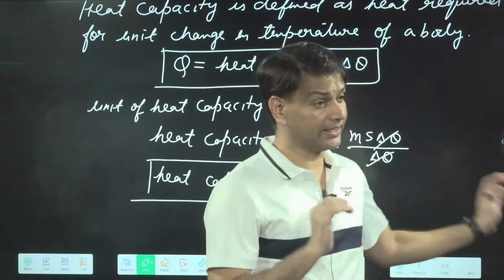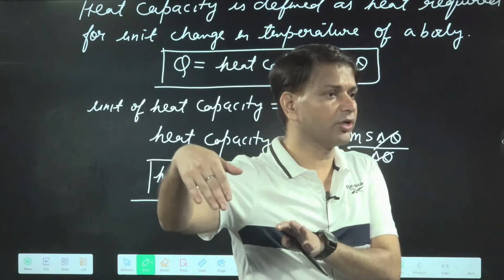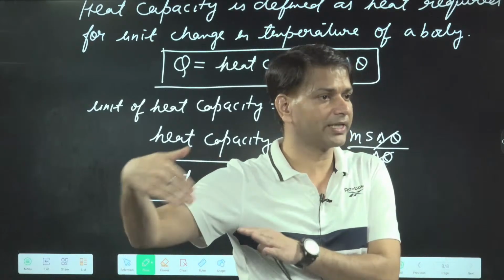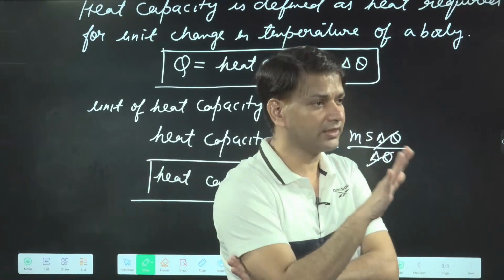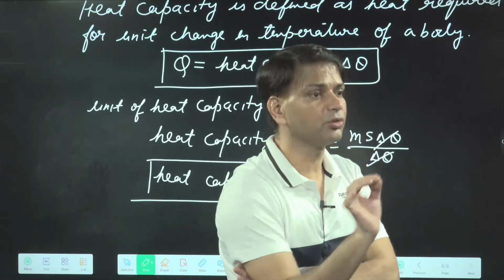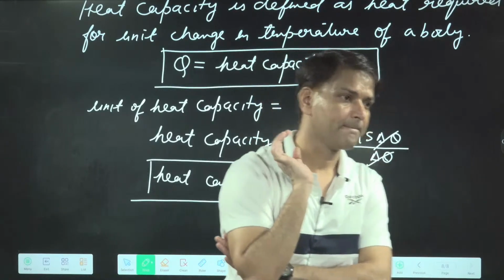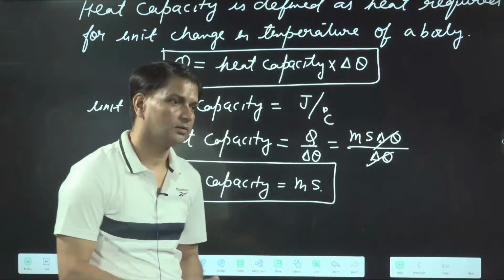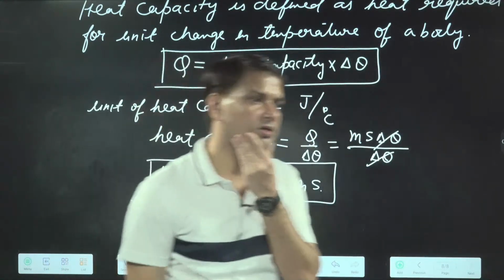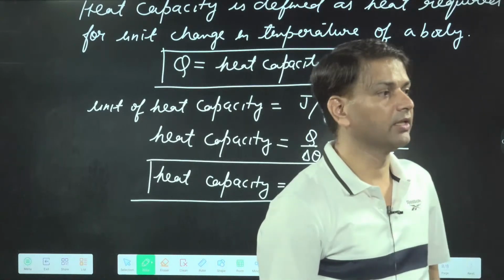If they give joule per degree C, that is heat capacity. So sometimes you have to focus on the unit also. Understood? Everybody got it or not?